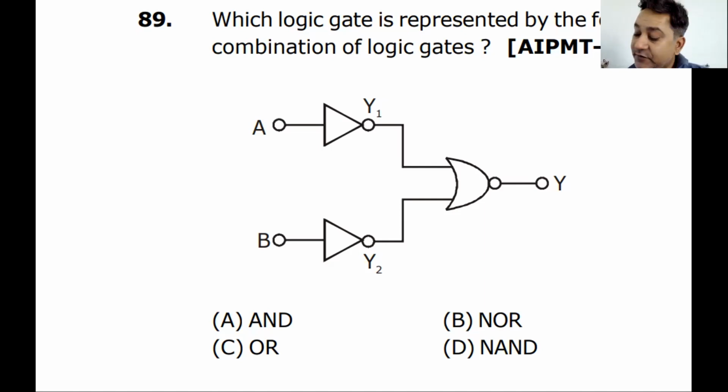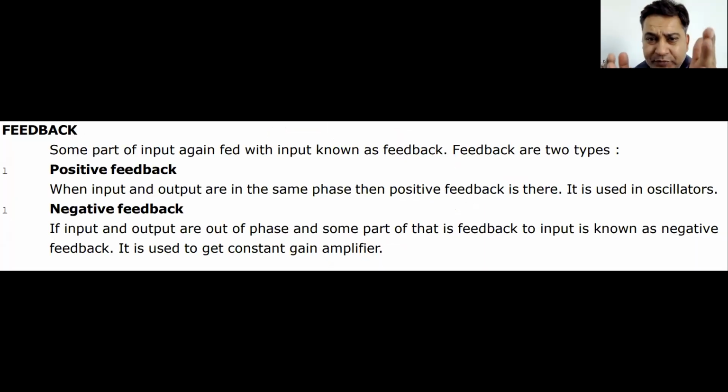If you want, I'll give you a brief outlook of what feedback is. That will not harm anyone. A feedback is something when you have an output. Say, for example, I give you some input and you give an output. If I take 5 ampere current and 10 ampere is the output, I have to check whether the output is correct or not.